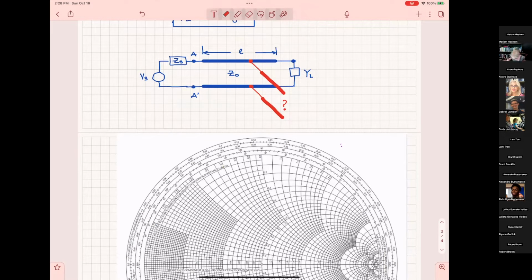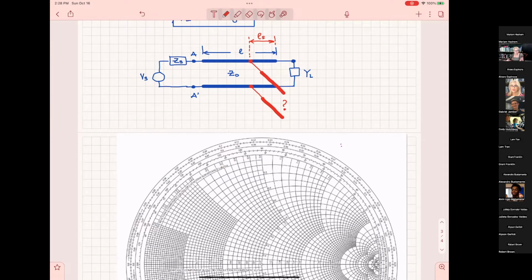And the only thing I want to make sure is that this L sub S does not exceed L. Because if it exceeds L, then it's like the stub is going to go beyond the source, all right?